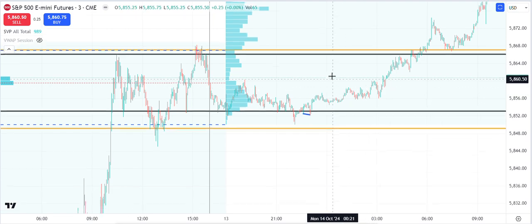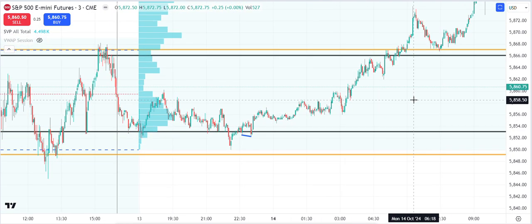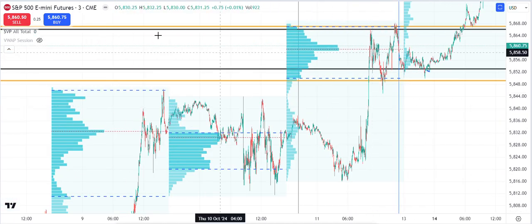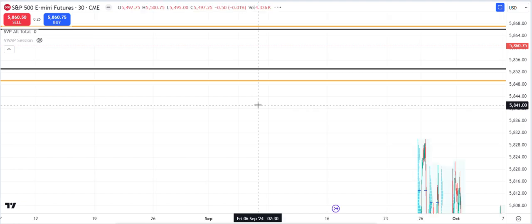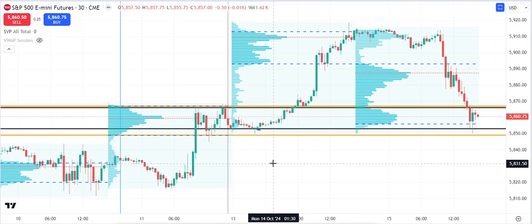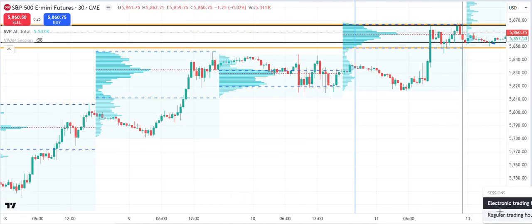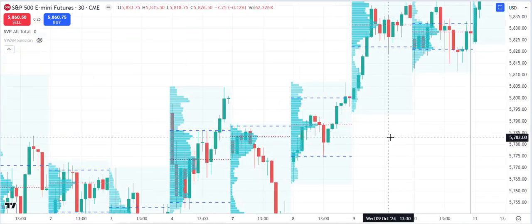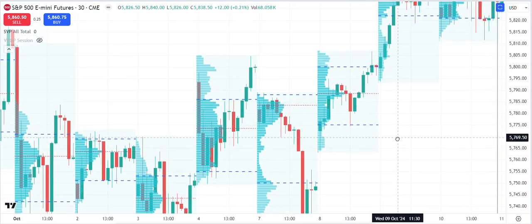Like this one, for instance, it was a gap up. When it's days where it's not a gap up, or where there's no gaps, I'm just going to check for a day like that.